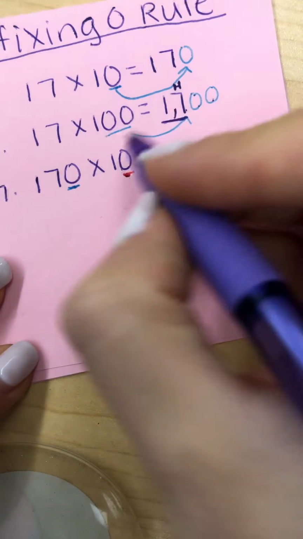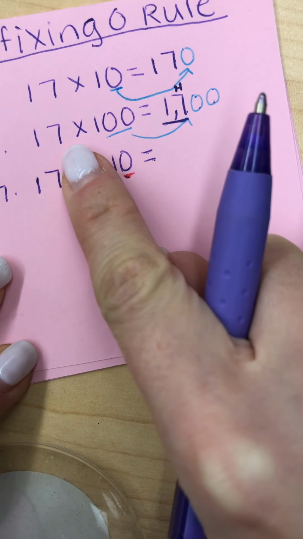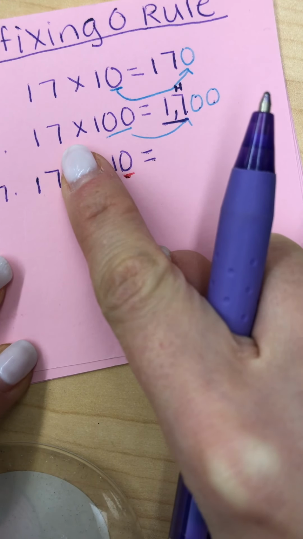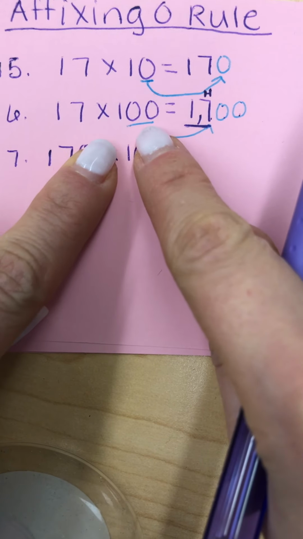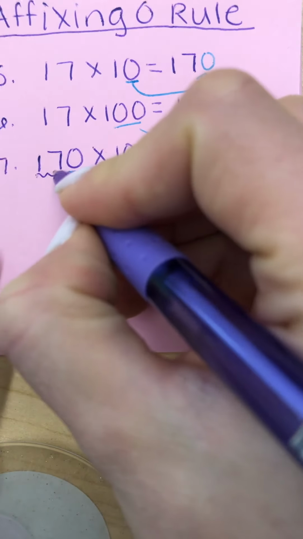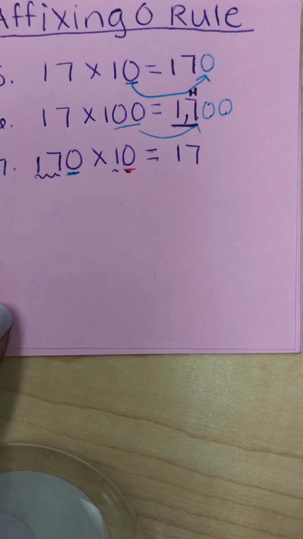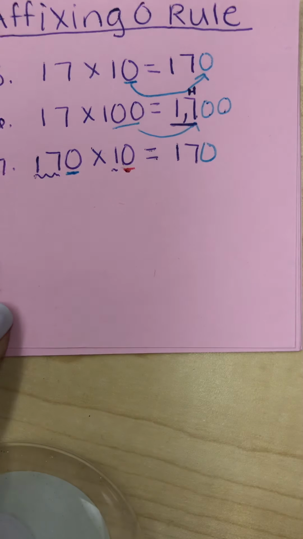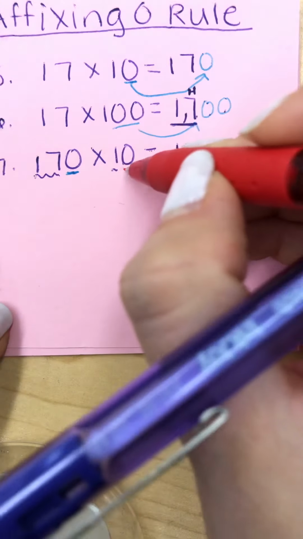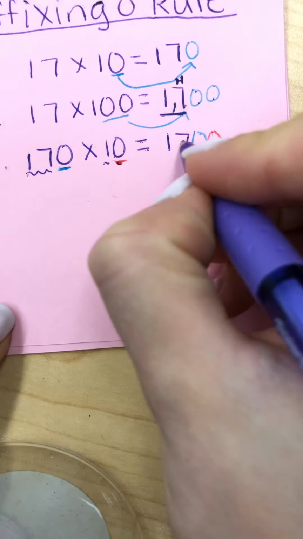So we have two different spots where we're going to have to cover up our zeros. So I can cover up and make this 17 and make this 1. So 17 times 1 is 17. Then I'm going to affix 1 zero from the 170, and a second zero from the 10, and again I get 1,700.